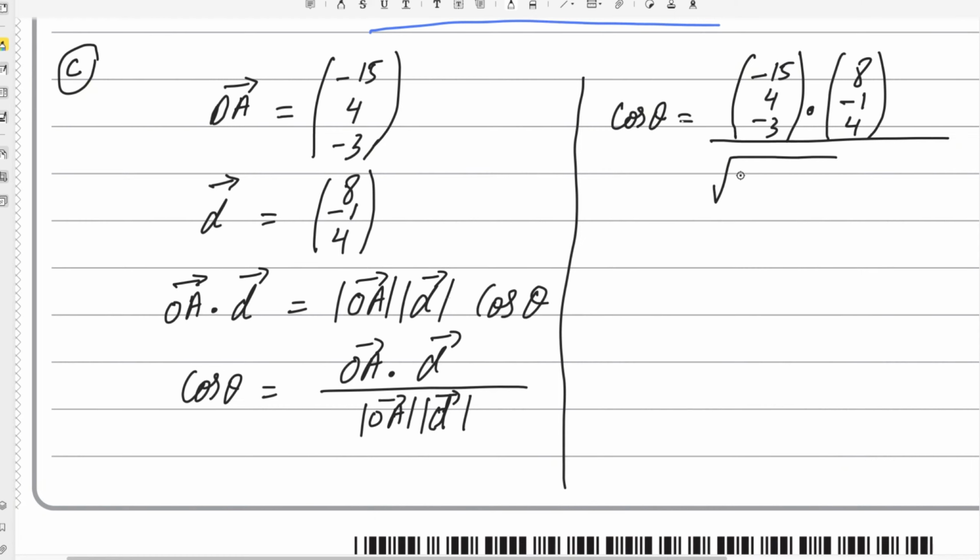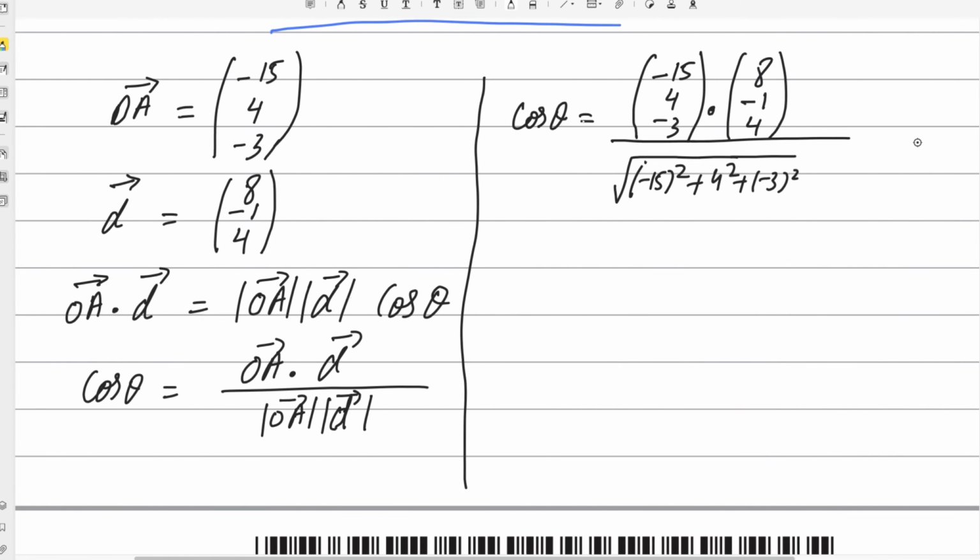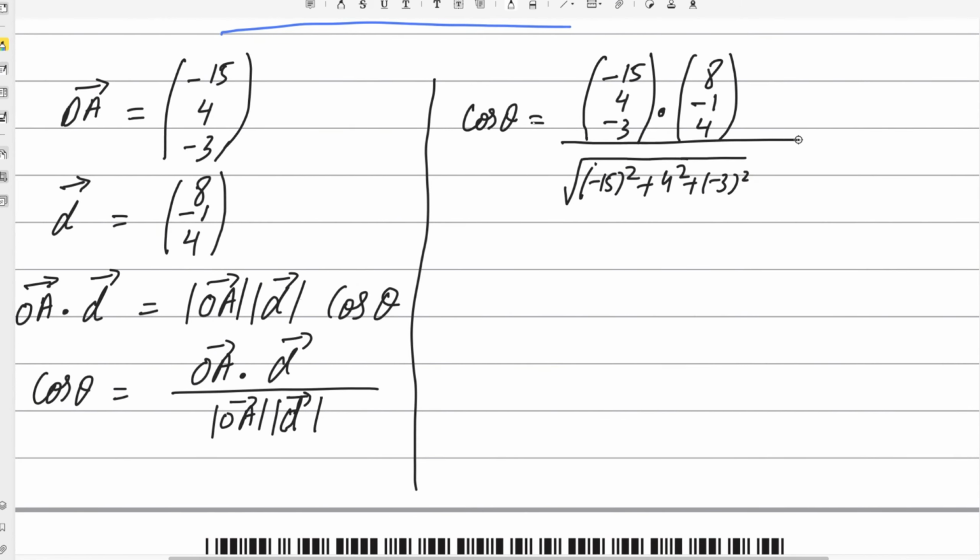Magnitude of this you can write here as square root of -15 square plus 4 square plus -3 square. This will give you the magnitude of that. And then we take the magnitude of this vector, that is square root of 8 square plus -1 square plus 4 square.